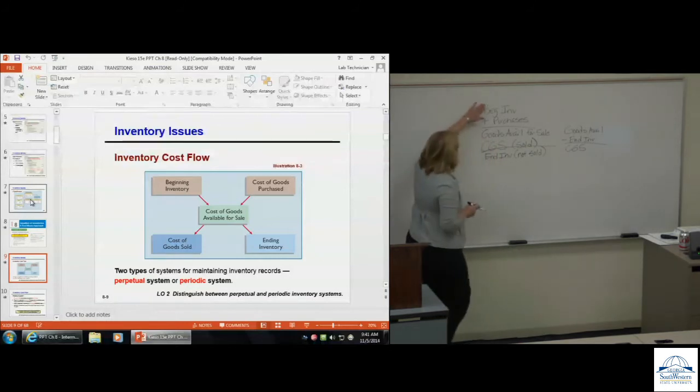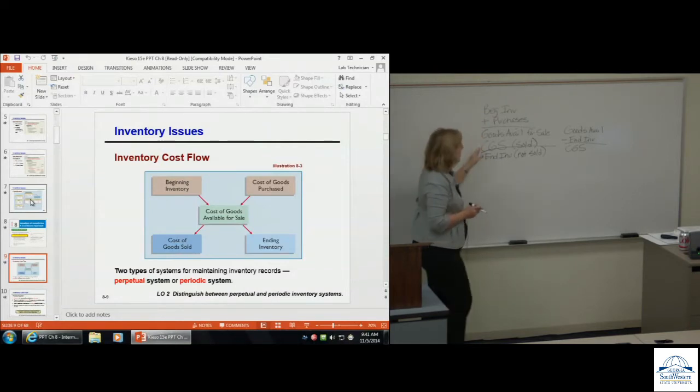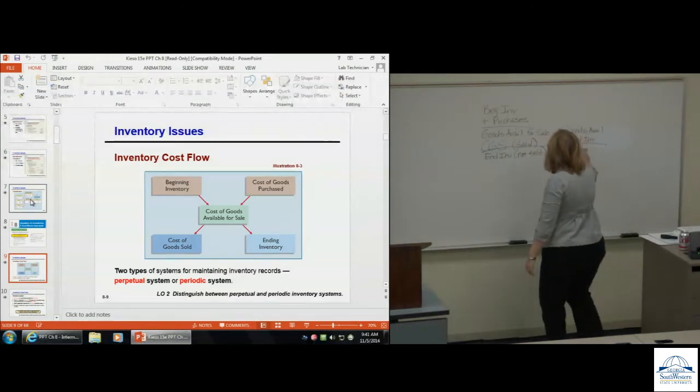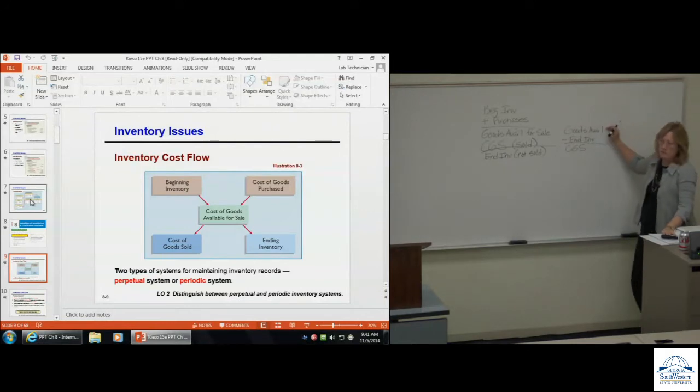But the main thing you need to know is these two things added together are goods available for sale, and these two things added together are goods available for sale. So you can either figure out ending inventory if you can figure out cost of goods sold. More importantly, if you know goods available for sale and you know ending inventory, then you know what cost of goods sold is, right?